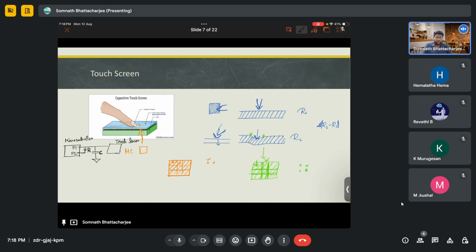So when there is no pressure applied in this condition, there will be a certain amount of capacitance, that is only the C value. But when we touch this sensor, there's an induced capacitance of CF, that is the capacitance of the finger itself.